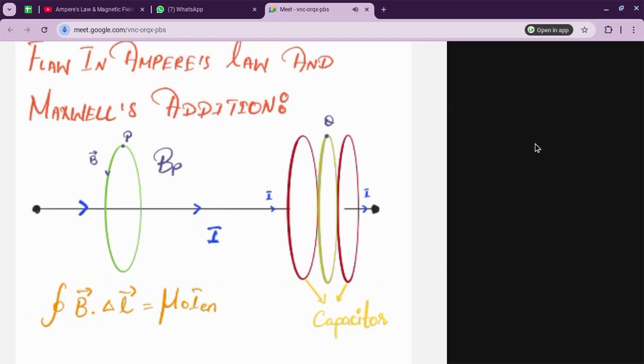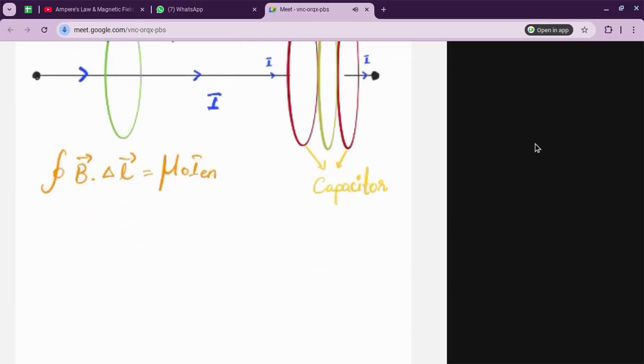The wire attaches to one plate of the capacitor and then it attaches to the other plate of the capacitor. In between the plates there is no wire. So, in between the plates there is no current passing through. So, according to Ampere's law, there is no current enclosed.